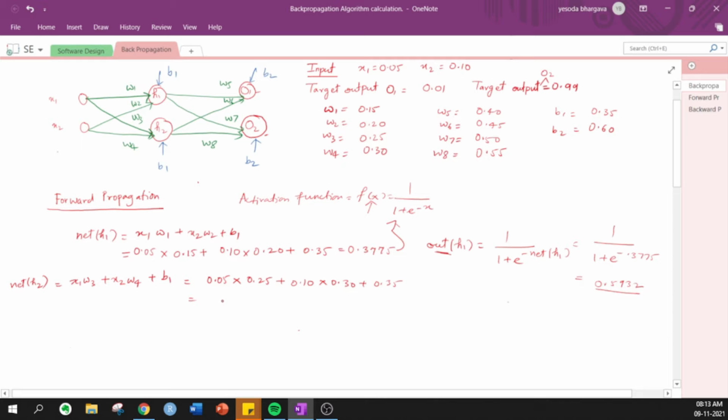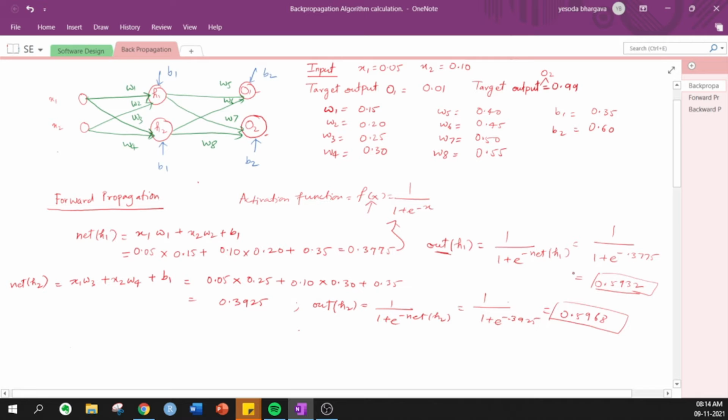This comes out to be 0.3925. So output of H2, like the last time, is 1 upon 1 plus e raised to power minus net H2, which is 1 upon 1 plus e raised to power minus 0.3925, and this comes out to 0.5968.